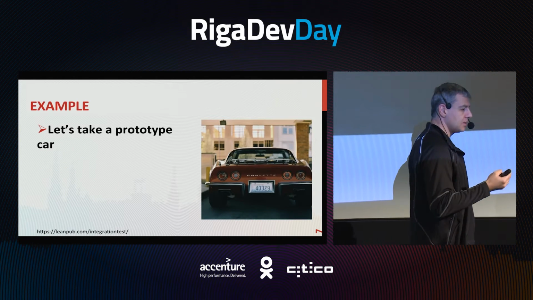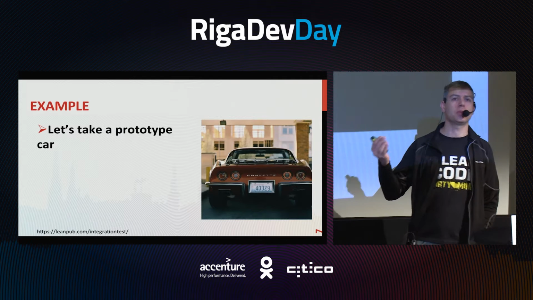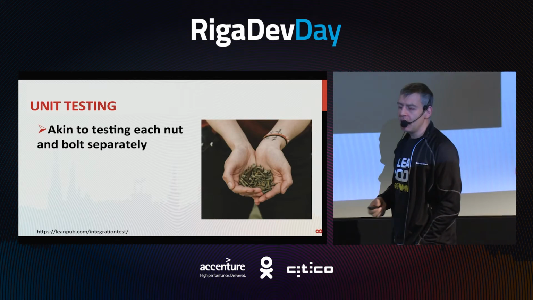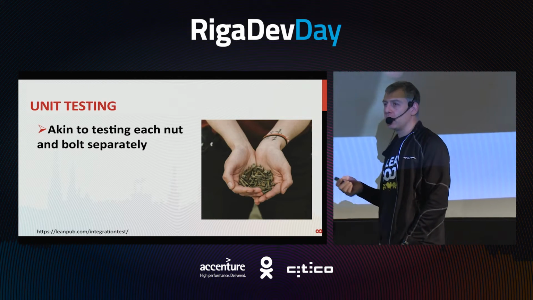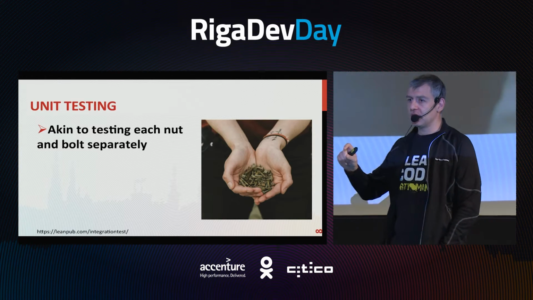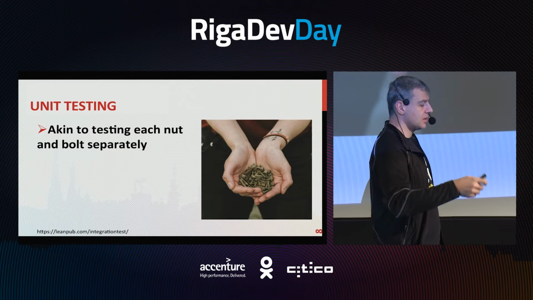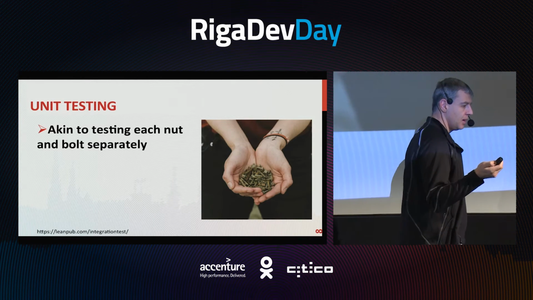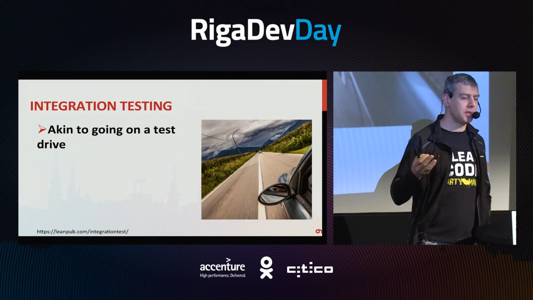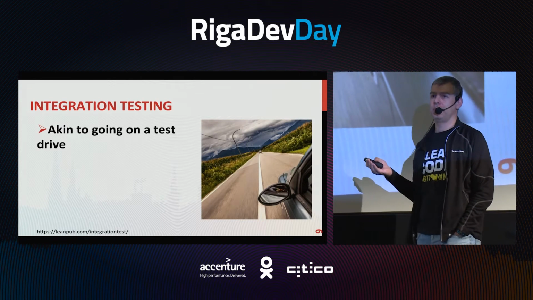I like pragmatic stuff, so let's take a prototype car. Unit testing would be like testing every nut and bolt separately, making sure that every one of them is to your specification. And integration testing would be like going on a test drive.